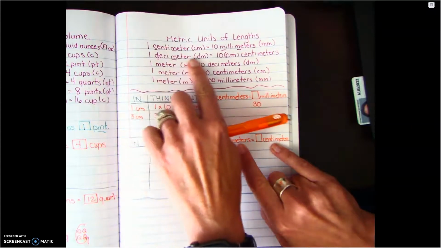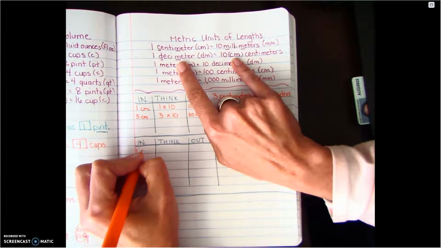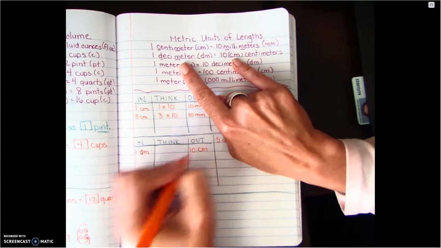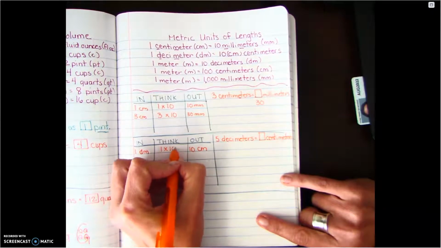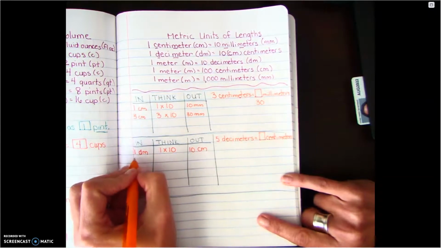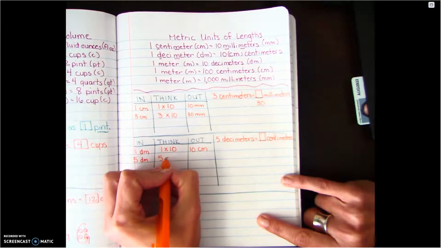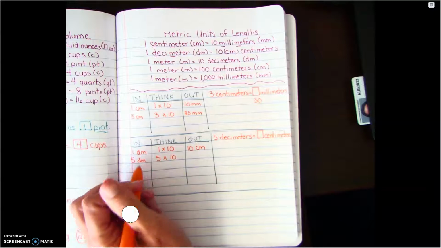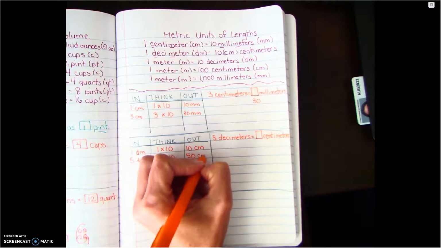So I find my decimeter goes to centimeters. So this means 1 decimeter, 1 dm, is the same as 10 centimeters. All right, so oh, look, it's the same thing. It's 1 times 10. So now I've got 5 decimeters. So that means I have 5 groups of 10. And then 5 times 10 is 50 centimeters.